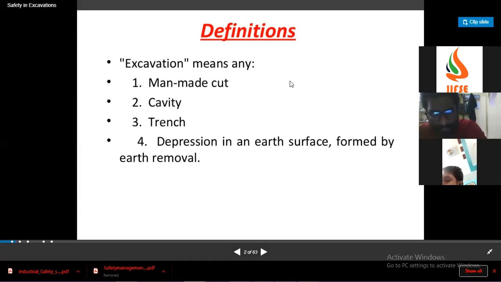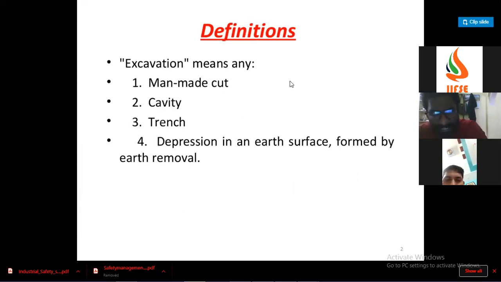See, coming to the definitions, excavation means any man-made cut, cavity, trench, or depression in an earth surface formed by earth removal. Man-made cut. Cavity means a small gap. Trench can be 2 feet, 3 feet, or any depression on an earth surface formed by earth removal.